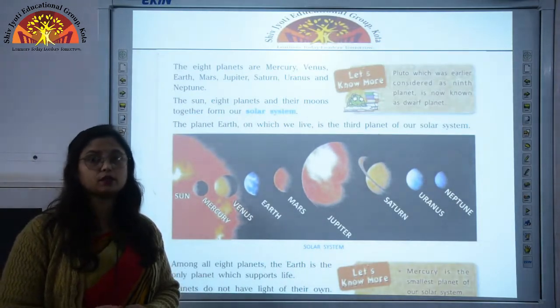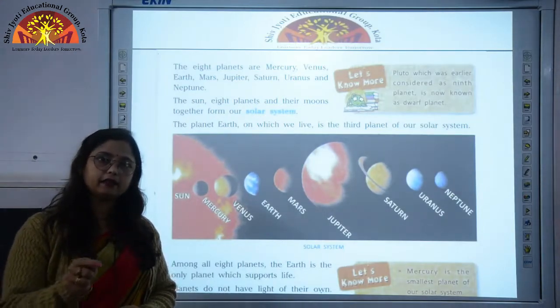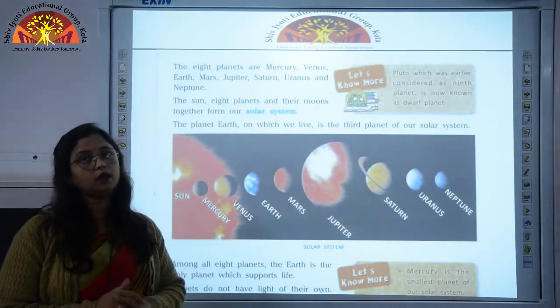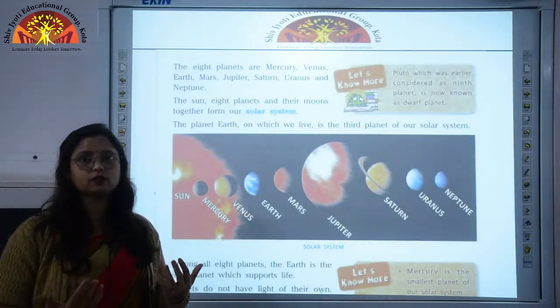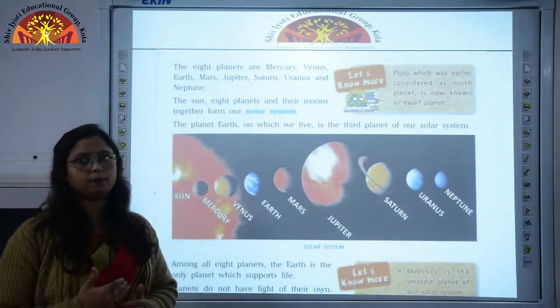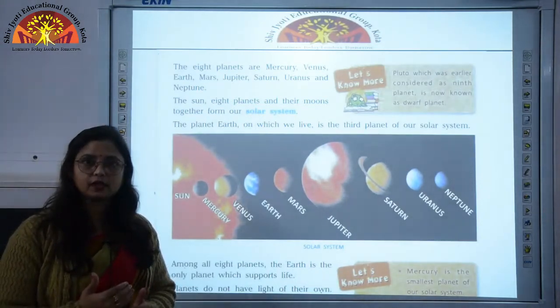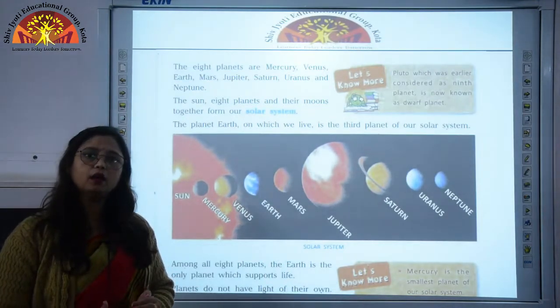Now, these planets also have their own moons which are called satellites, and these satellites revolve around the planet. So, this forms the complete family, which is called the solar system, where sun is the head of the family. Then there are planets which revolve around the sun, and then there are moons of the planets which revolve around the planets.